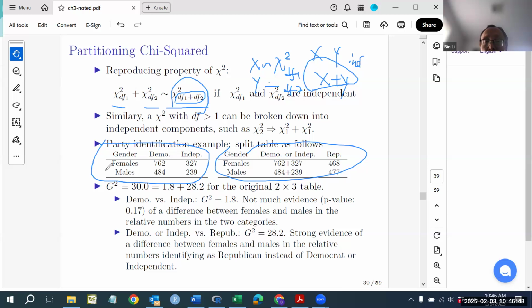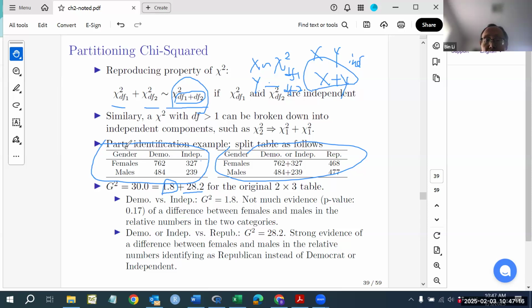Okay, so for table one, the one on the left, the chi-square test statistic using the likelihood ratio is 1.8. And for table two, the one on the right, we have 28.2.